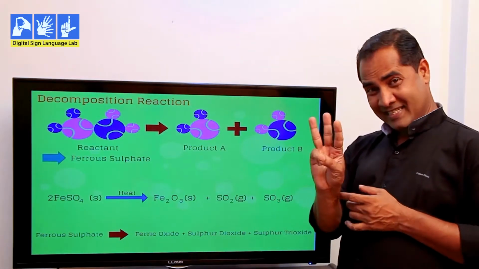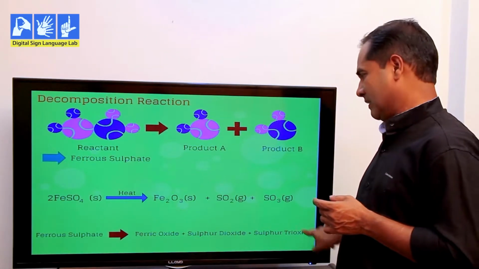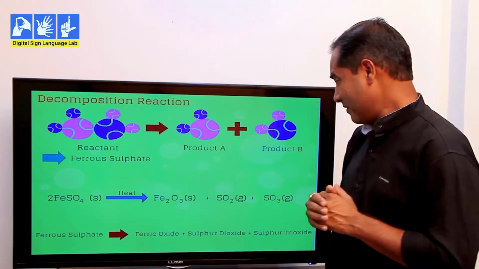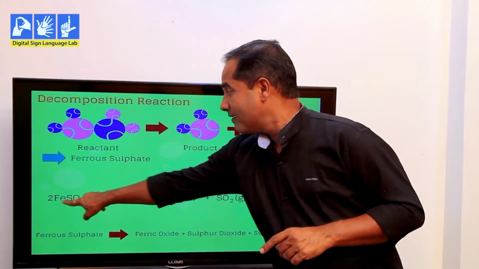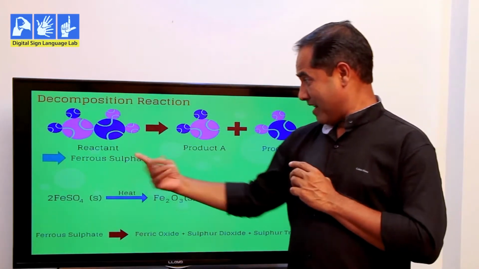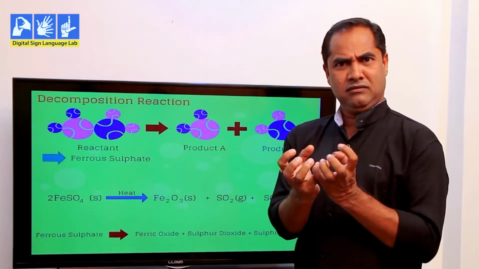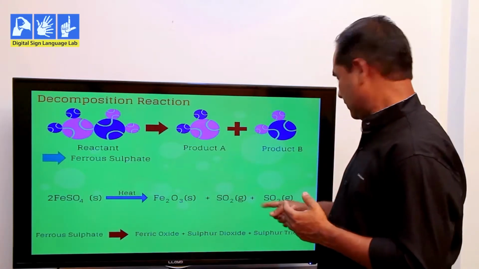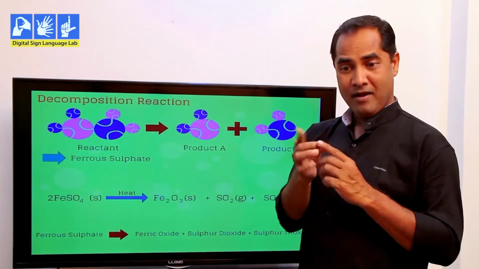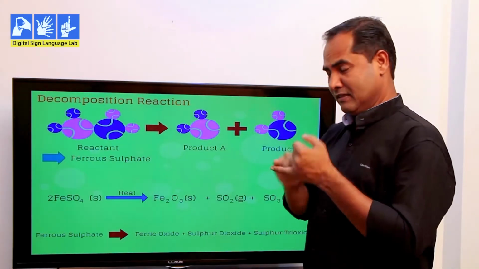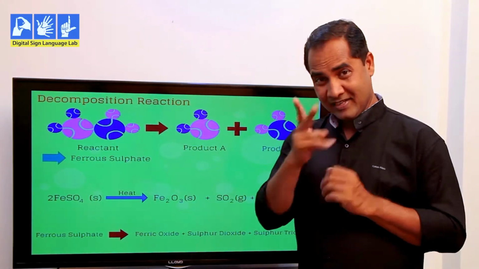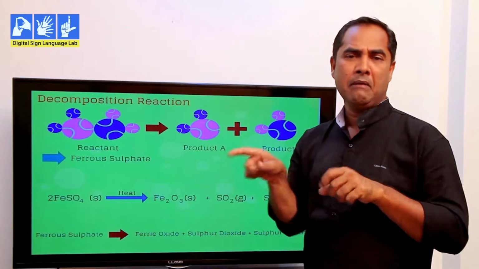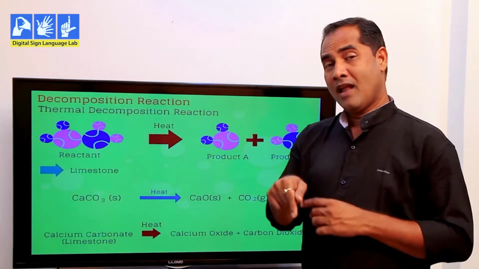So SO2 is sulfur dioxide and SO3 is sulfur trioxide. So you can see the one reactant, after application of heat, breaks down into 3 components. So 1 solid and 2 gases. So in a decomposition reaction, one reactant breaks down into 2 or more products.